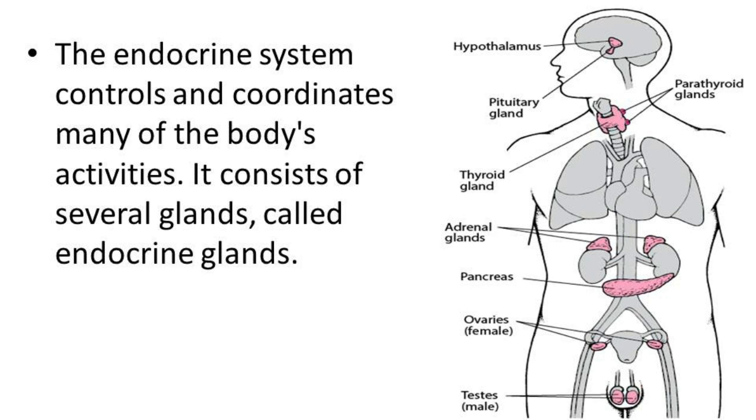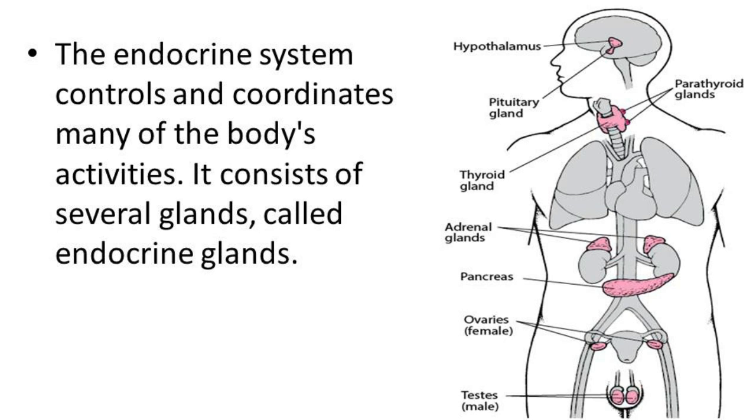What is the endocrine gland? The endocrine system controls and coordinates many of the body's activities. It consists of several glands called endocrine glands. In our body there are a lot of glands.